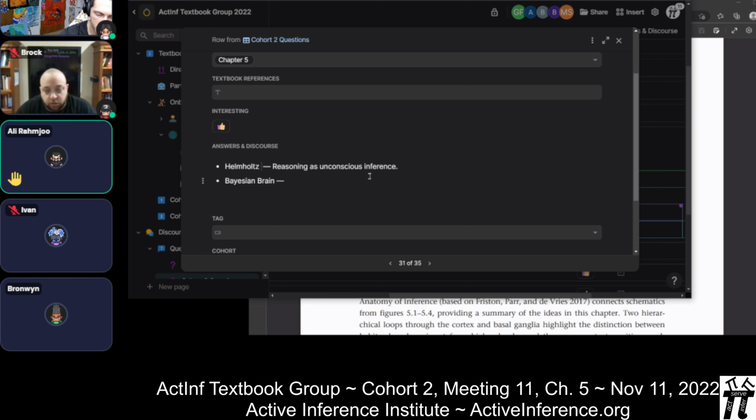So I also agree with you that reasoning can be taken as a synonym for these kinds of inferences as well.